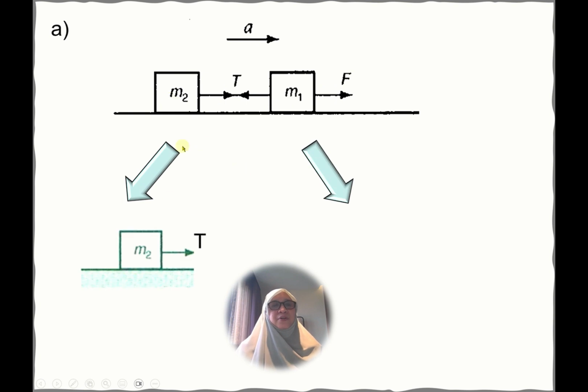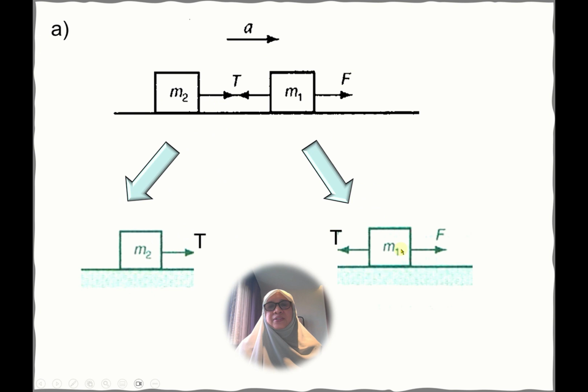So the first one for M2, the force that acts on M2 is T. And for the second body, the forces that act on M1 are F and T. So this is the pulling force, and this is the T that comes from the action-reaction force between M2 and M1.